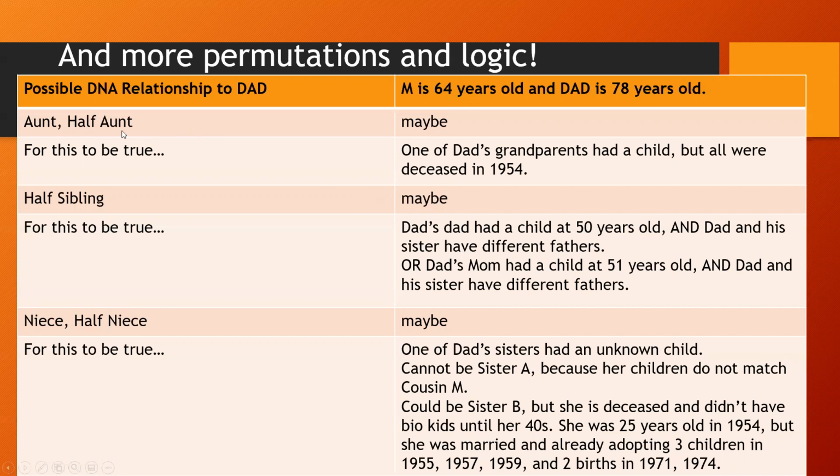For this to be true, for cousin M, this first cousin that's in the tester's list, for her to be dad's aunt or half aunt, then one of dad's grandparents would have had a child. But all of dad's grandparents were deceased in 1954 when she was born. So we can pretty safely assume that once they're deceased, they're not having children. And so we can rule out the aunt, half aunt at this point.